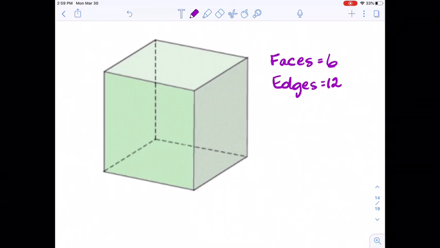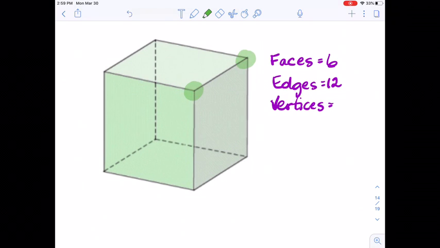We have one more thing that I'd like to count with you together. That's vertices. Do you remember what the vertices are? That's the place where 3 edges meet, 3 or more edges meet. And in our case, we've got a lot of them. So let's see if we can figure out how many.